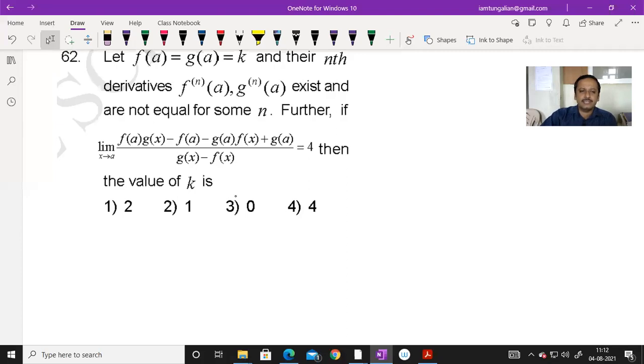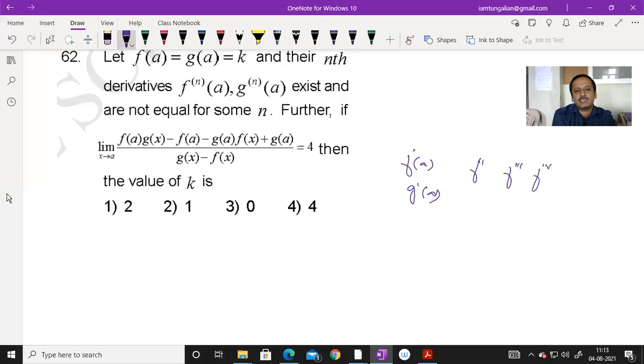Now the next question. They have mentioned that f of a is equal to g of a is equal to k, and their nth derivatives, fn of a and gn of a, exist and are not equal for some n.